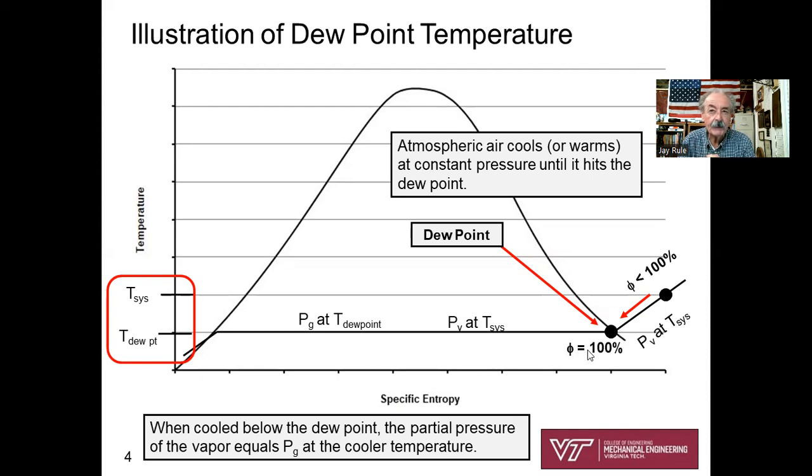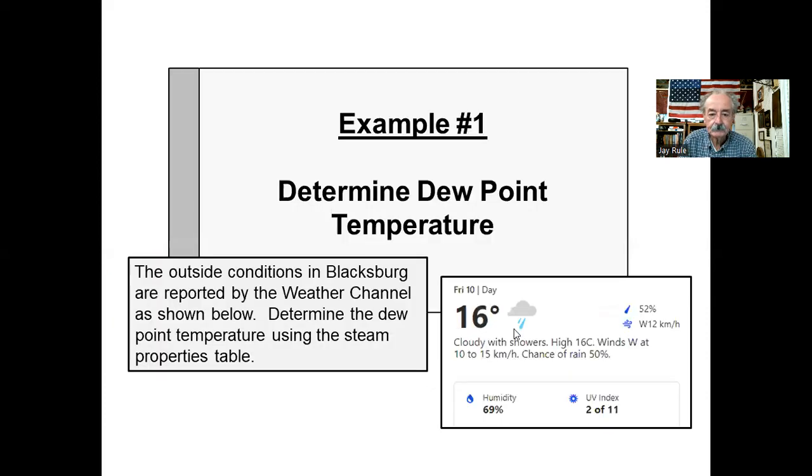And then if you think about the derived formula for humidity ratio in terms of partial pressures, you can satisfy yourself that that means we're cooling at constant partial pressure on this isobar line until we reach 100% relative humidity. So it's a little bit of a crash course on dew point temperature and partial pressures.